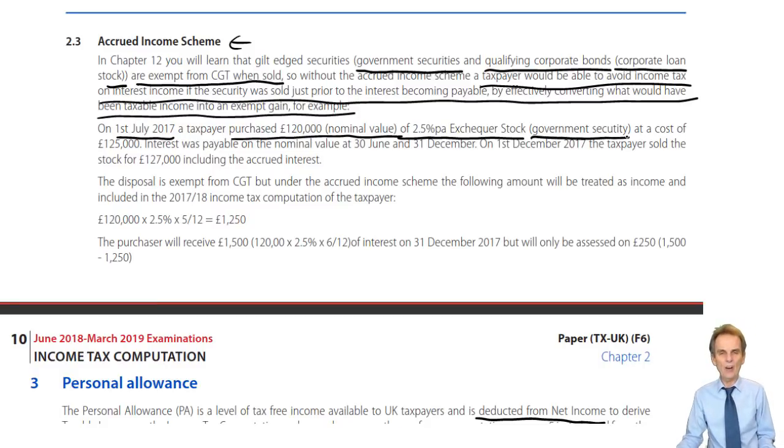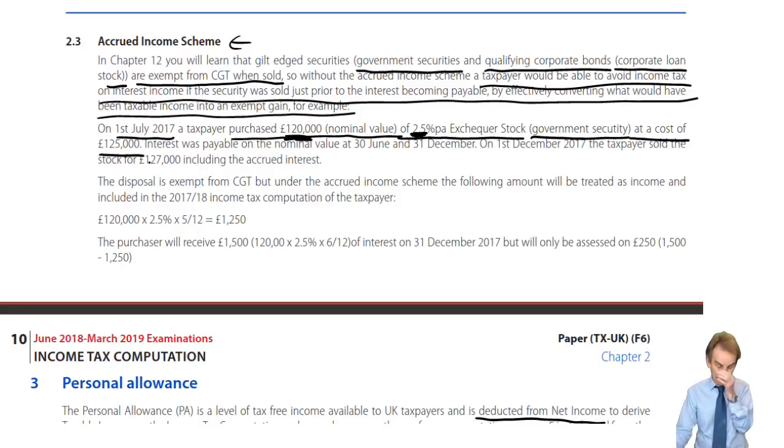This, therefore, would generate taxable interest income. What would that taxable interest income be? 2.5% on the nominal value. And the taxpayer bought it at a cost of £125,000.